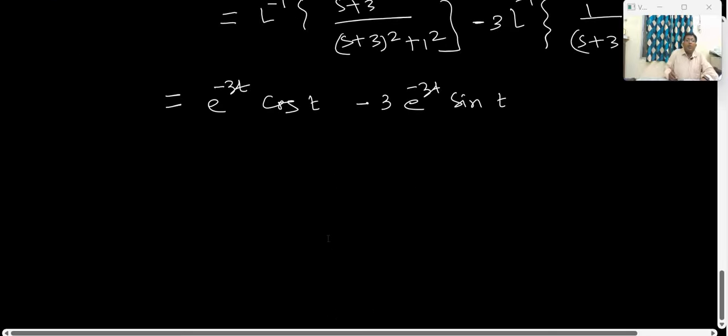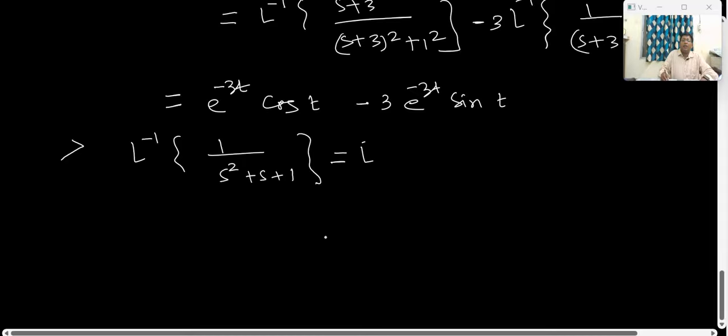Similarly, suppose you are given one more example. Suppose you are asked to find the inverse transformation of 1 by s square plus s plus 1. Then you adjust it. You can write it as L inverse of 1 by s square plus 2 into s into half plus (1 by 2) square. Make it a perfect square.